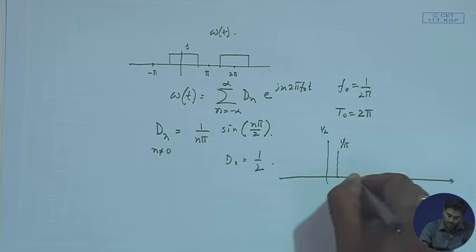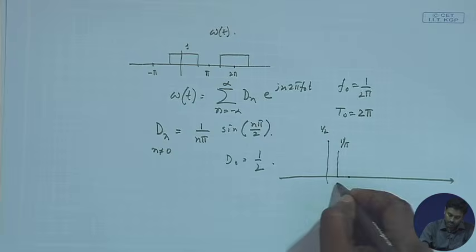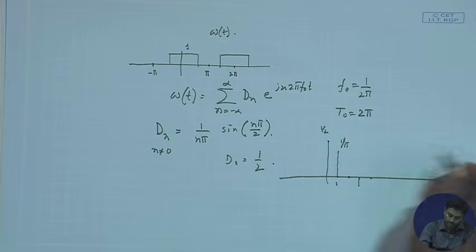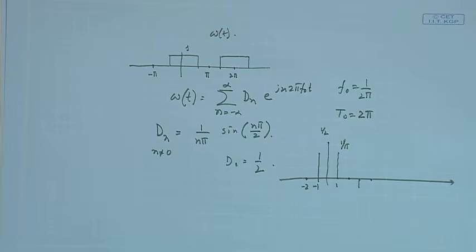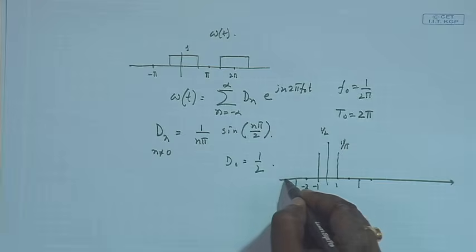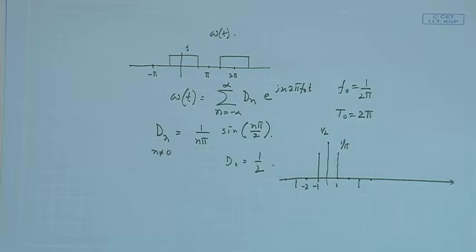So, this was at 1, at 2 you got 0 and so on. It was going into negative, again 0 and so on, and it is symmetric. So, at minus 1, minus 2, something like this. Okay. So, this is what we have got.